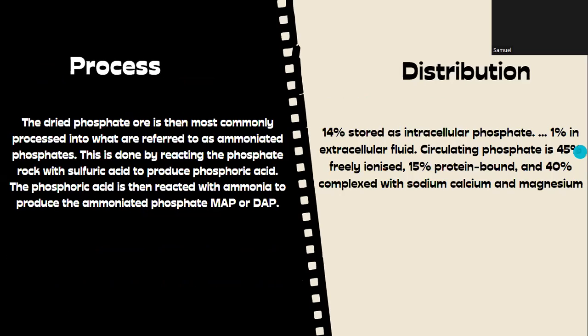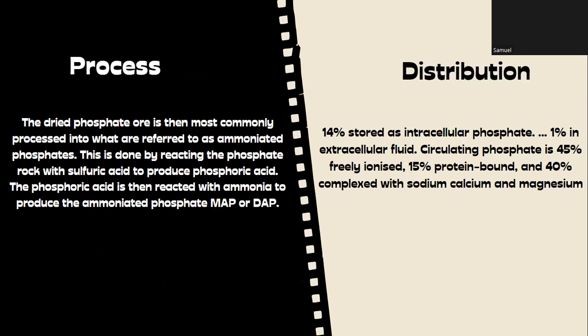Next. And the process: the dried phosphate is most commonly processed into what are referred to as ammoniated phosphates. This is done by reacting the phosphate rock with sulfuric acid to produce phosphoric acid. The phosphoric acid is then reacted with ammonia to produce the ammoniated phosphate MAP or DAP.